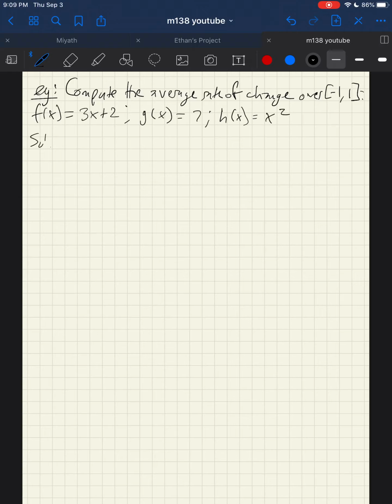Okay, so solution. Start with f of x. I guess I should say what I'm doing. I want to compute the average rate of change of f of x, which is delta f over delta x, which is going to be f of b minus f of a over b minus a. So here's a, here's b.